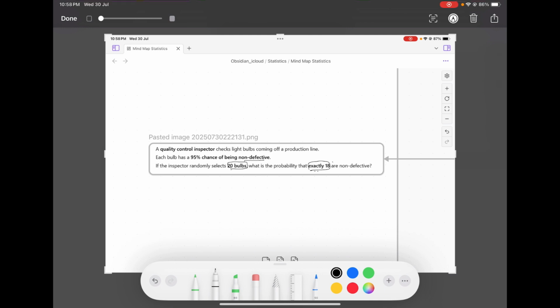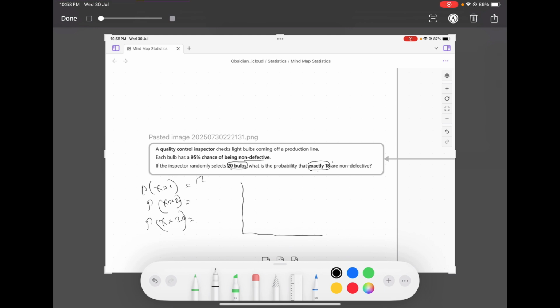So you are randomly selecting 20 bulbs. What is the probability that only one bulb out of these 20 will be non-defective? Similarly, what is the probability that 2 bulbs will be non-defective? You can go up to 20 bulbs.